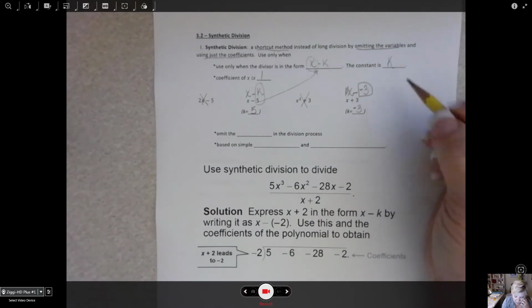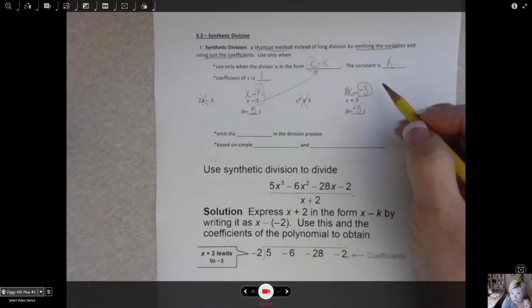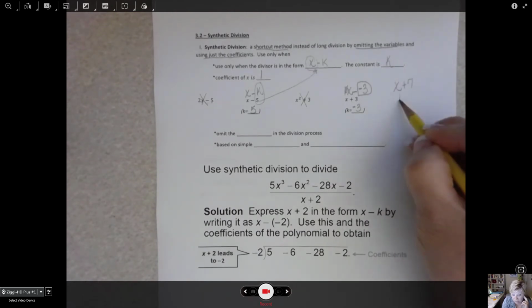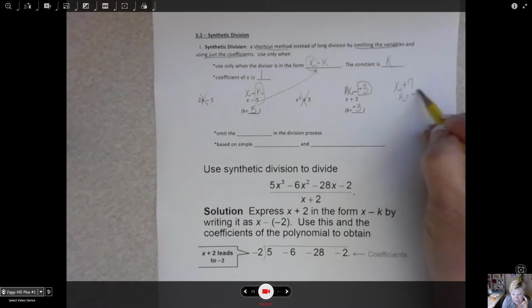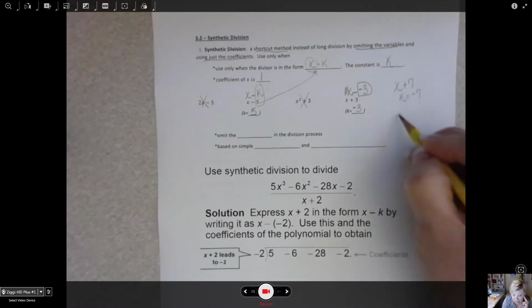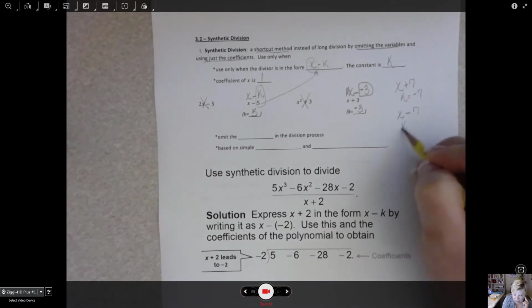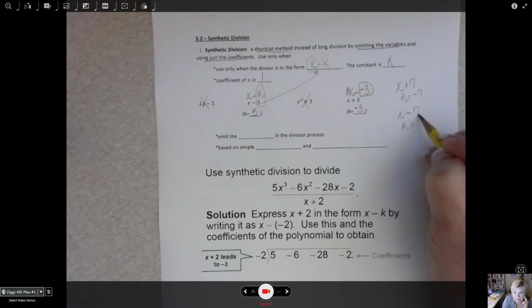You could also think of it as the opposite of what you see. If you had a divisor x plus 7, then your k value would be negative 7. If you had a divisor x minus 7, then your k value would simply be 7.